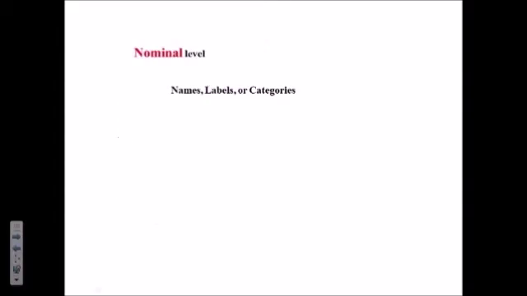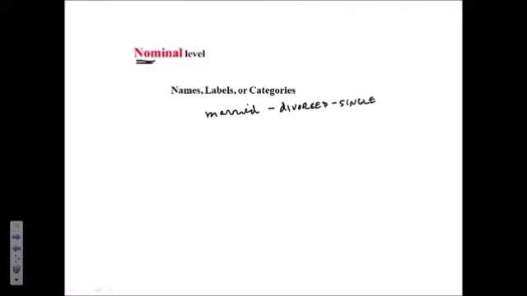The lowest level is the nominal level, and the stem nom comes from name, like nominate, name somebody. These are just names or labels or categories. So a person could be married, divorced, single.